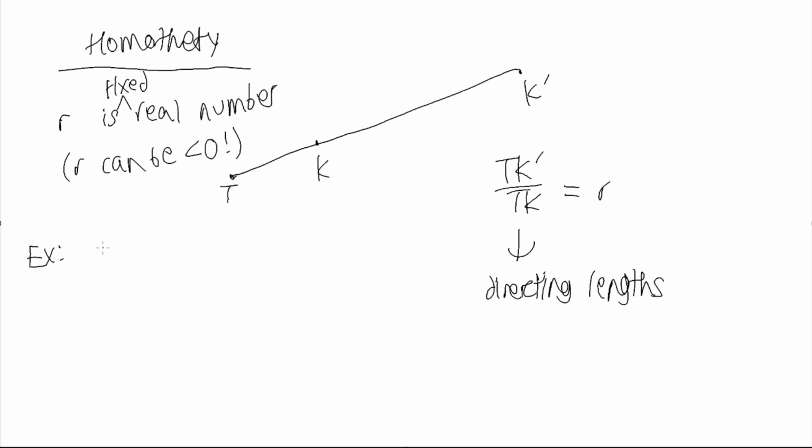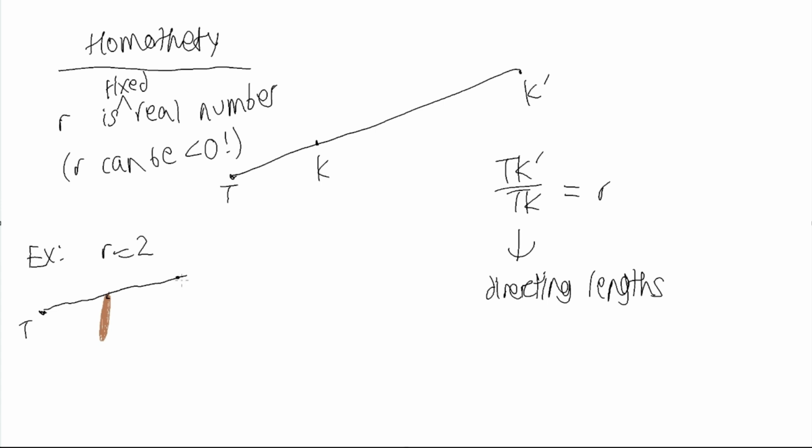Suppose that R equals 2, and this is your point T. Suppose we have our stick again. Where does this stick go under the homothety? If we start over here, then we go this way, and this is approximately the point where this length over this length is equal to 2.